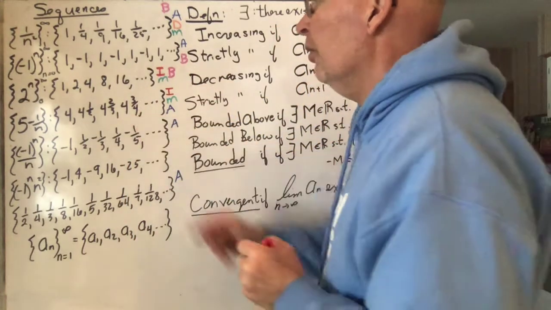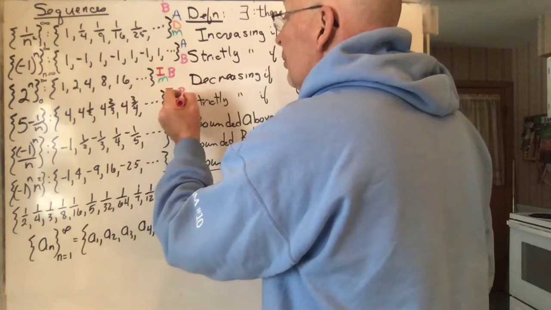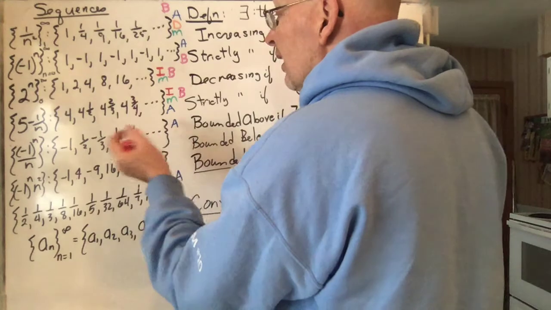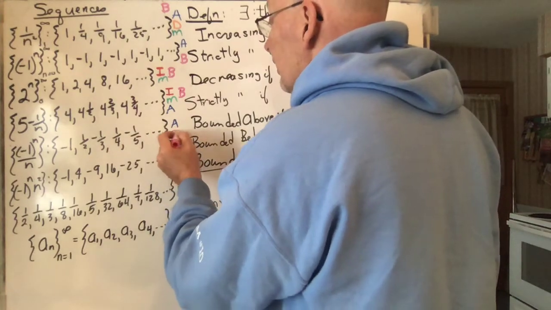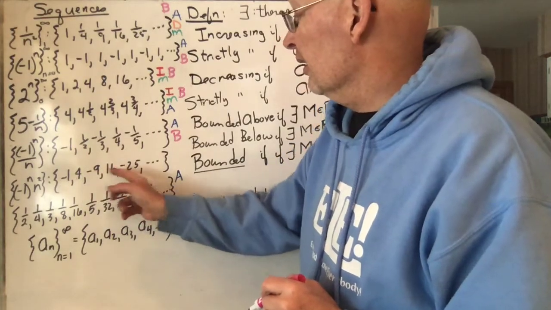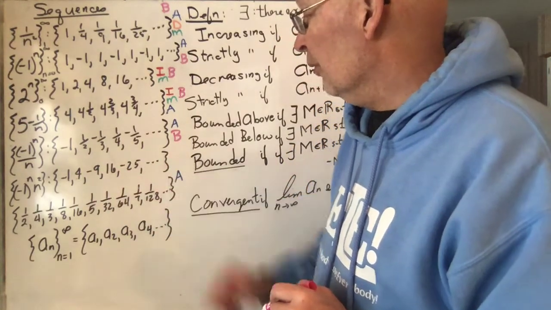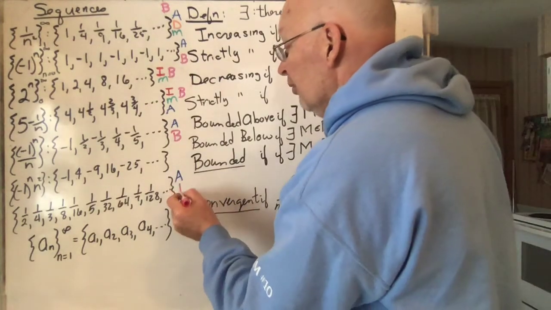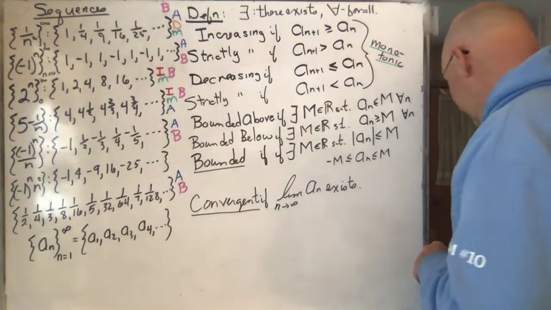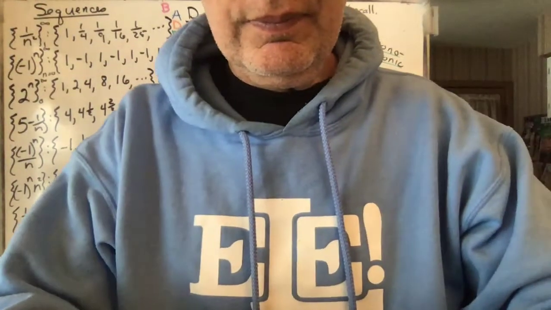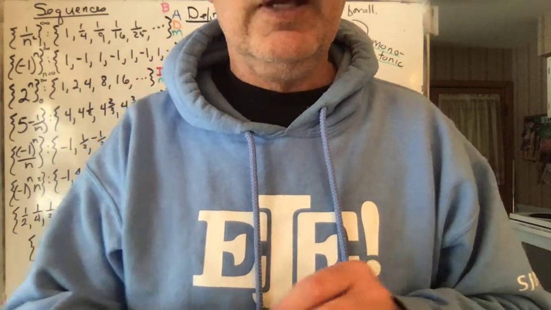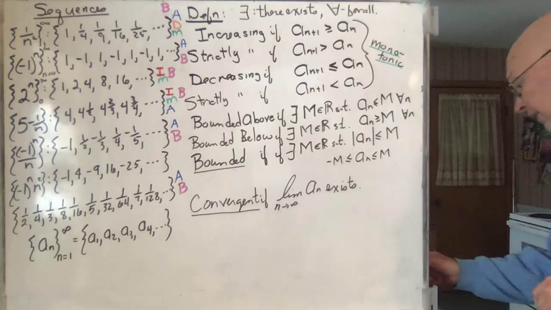This one's bounded below. Nothing's going to get less than 0, for example. This one's bounded below. Nothing's going to get less than -1, it looks like, as an example. Not this one. Agreed? This one, you're going to get negative numbers that go down forever. This one's bounded below. Nothing's going to get less than 0, and so on. Okay, let me make sure that my computer's still working. Yep, very good. Okay, so you've got that.